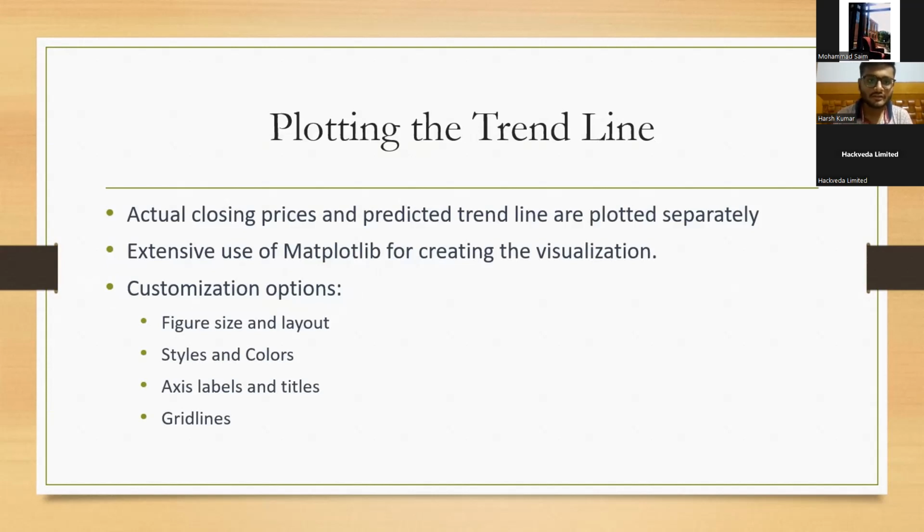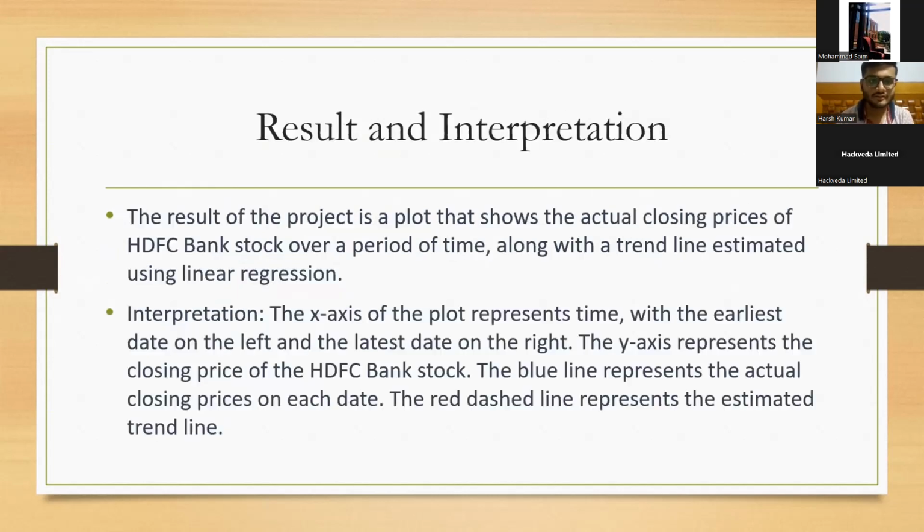We'll be extensively using the Matplotlib library for visualization of data, and we can of course customize the options. We can set the figure size, that is the height and width of the figure. Styles and colors we can of course change. Axis labels, what the x and y axes should be called, and we can introduce grids.